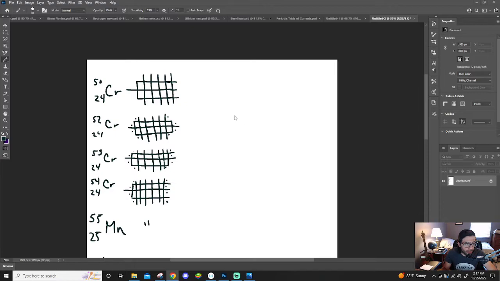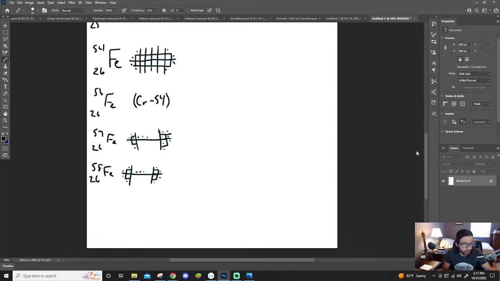Does that make sense? That's probably the one where it has the structure at the end. 59. This one, yeah. It's cobalt's 27, 59. Same structure.